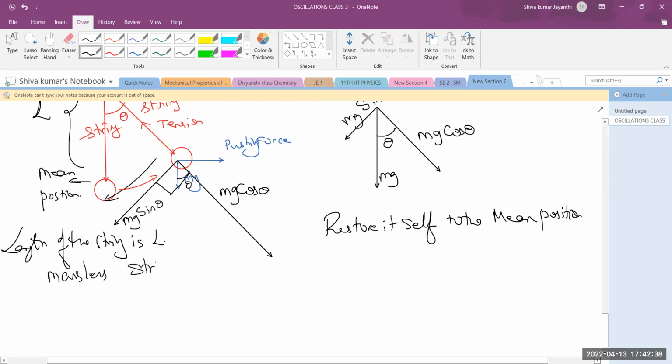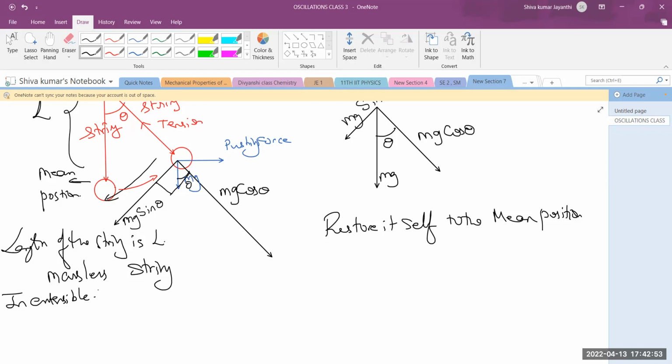We have taken a massless string, and it is inextensible. It can't extend, it won't elongate by itself. Okay, so now it is undergoing S.H.M. It's undergoing oscillation, is it or not? So on the simple pendulum bob, I'll color that bob. This is the bob.